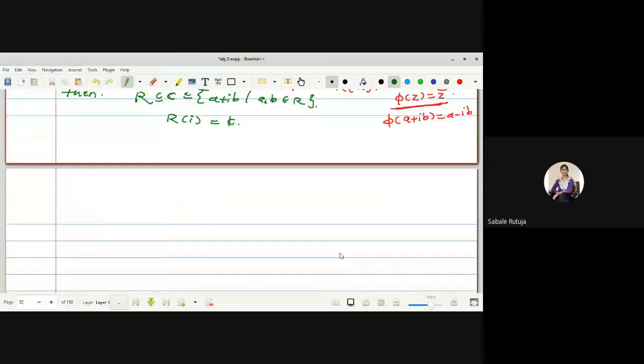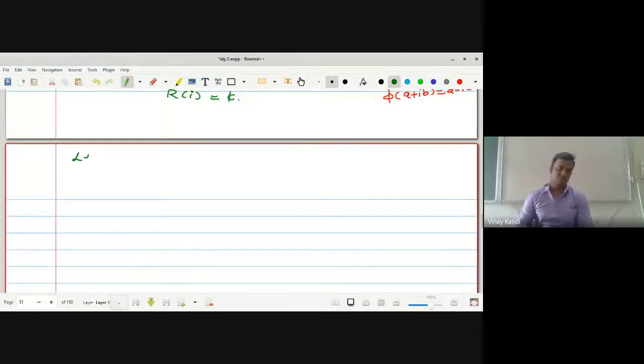No, sir. Now let z is equal to x plus iy or a plus ib. Let z is equal to x plus iy be a root of p of x belongs to capital R of x.